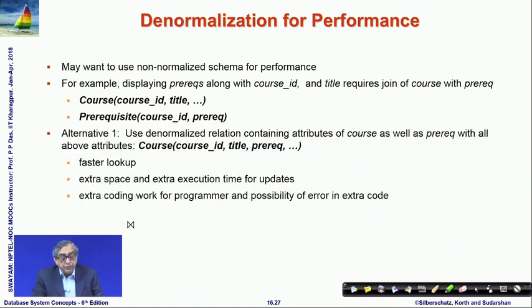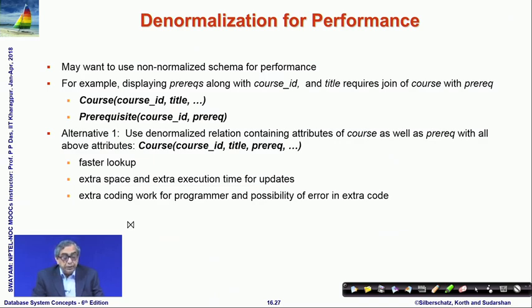So, the first alternative could be that you use a denormalized relation, where the course prerequisite is actually included in the course, and that will have violations of some of the normal forms, because there are functional dependencies between them.